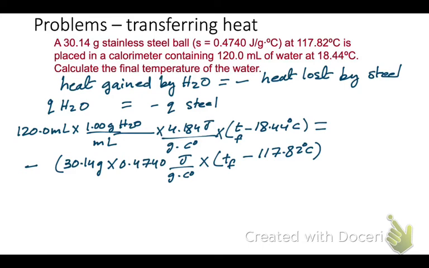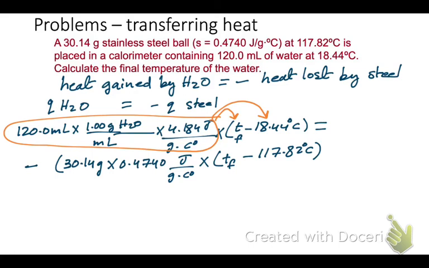I'm going to multiply. I'm going to show you what I'm going to do here so you guys can follow me. I'm going to multiply all these numbers together and then multiply by final temperature and then the negative 18.44 degrees Celsius.